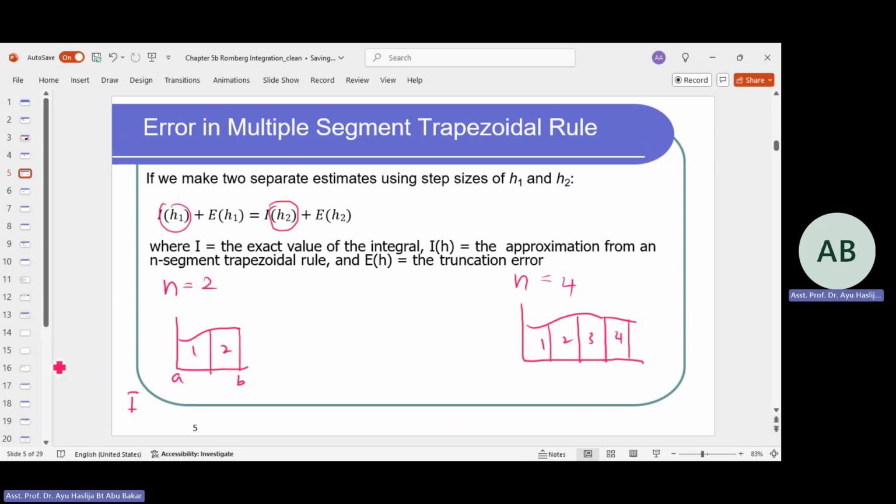But for n equals 2, you will have I at h1 plus its truncation error, and this one is I at h2. Different segments have different h. Eventually, you will get the same actual value of I. It's just different segments.